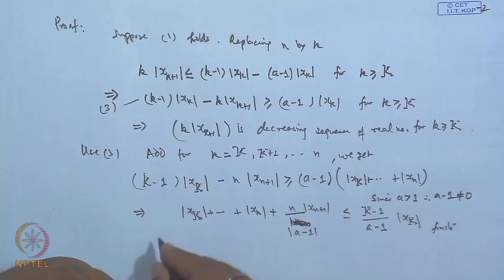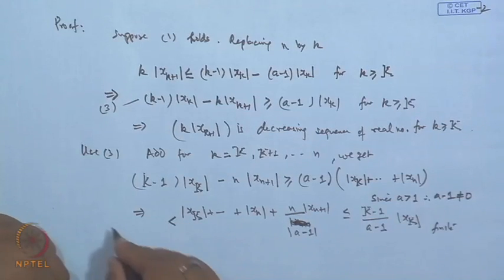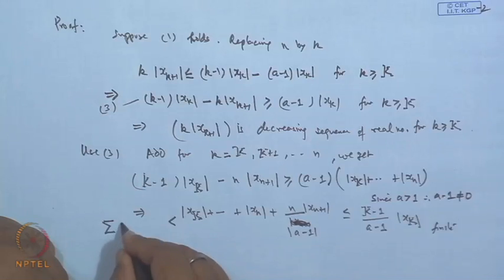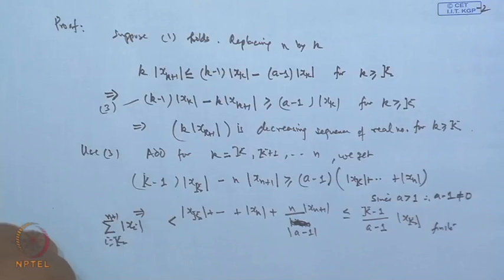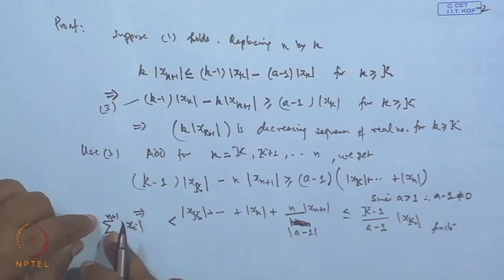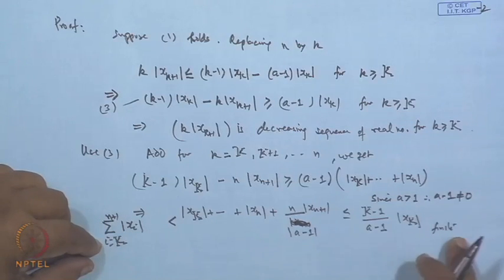So, basically this entire thing is greater than the series sigma mod x i from capital K to n plus 1. So, what they show is that this series, when n is sufficiently large, is a bounded series.